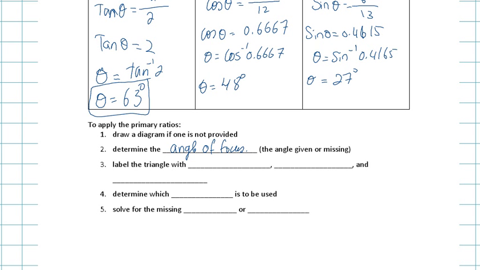Then you're going to label your triangle: hypotenuse, opposite, and adjacent. Then you're going to determine which trig ratio to use: sine, cosine, or tan. And then you're going to solve for the missing side or angle.